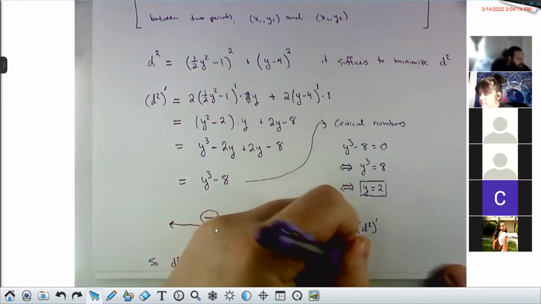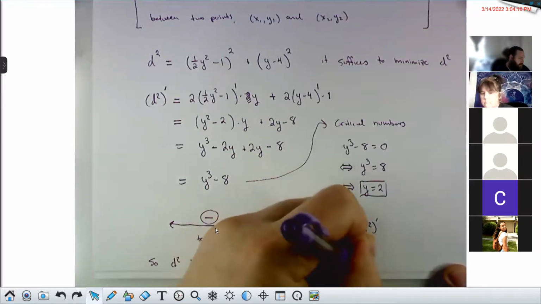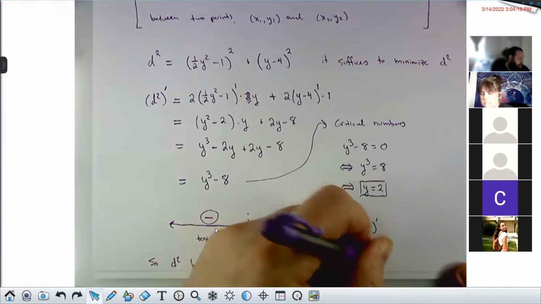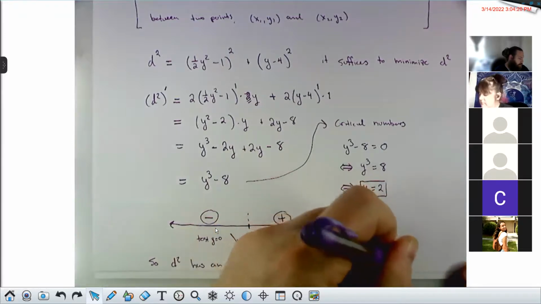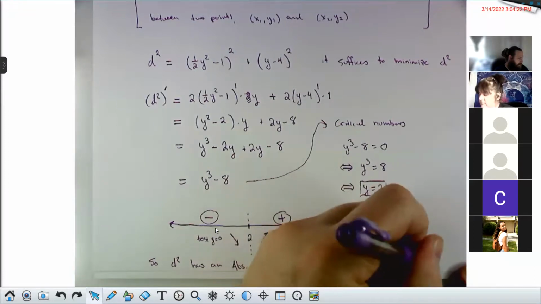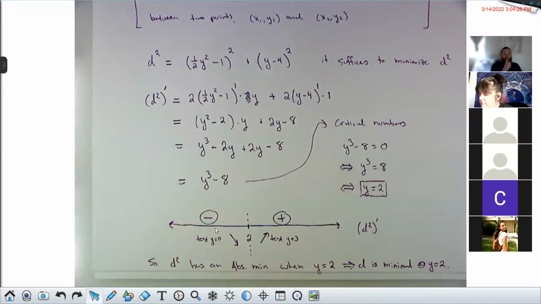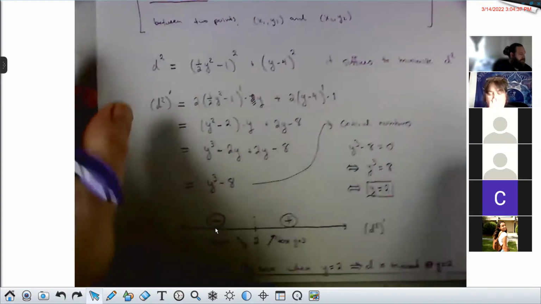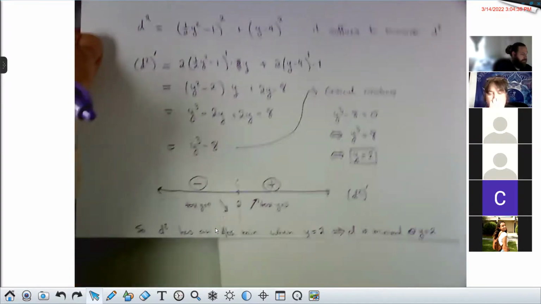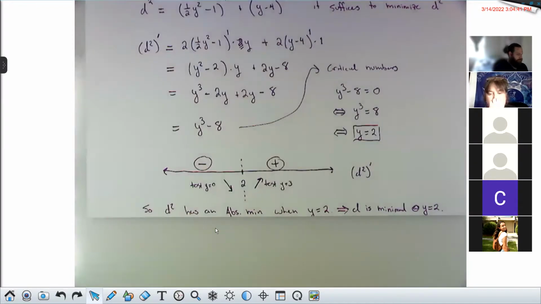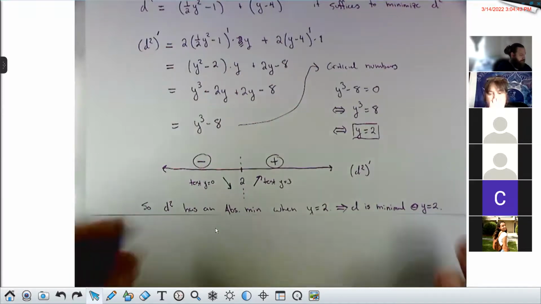This means d is minimal at y equals 2. But I still haven't found the point. I found the y value of the point where the distance is minimal. So to find the point itself, I need to recall.